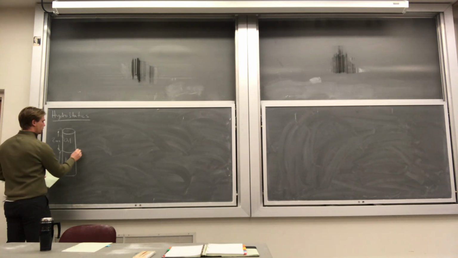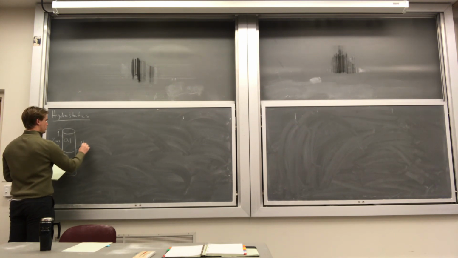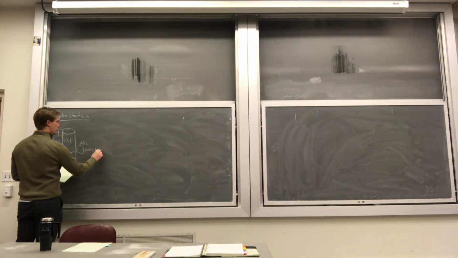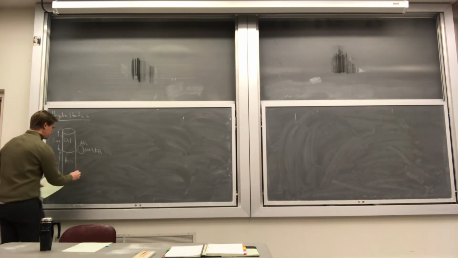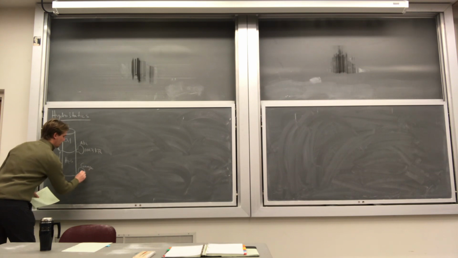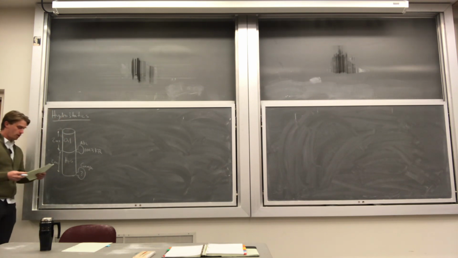We have a pressure gauge at the interface, which is an absolute pressure gauge, and it reads 101.3 kilopascals. And we have a pressure gauge at the bottom that reads gauge pressure, but we don't know what it is.